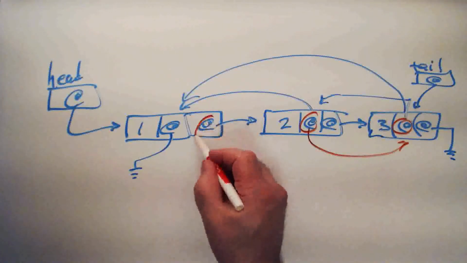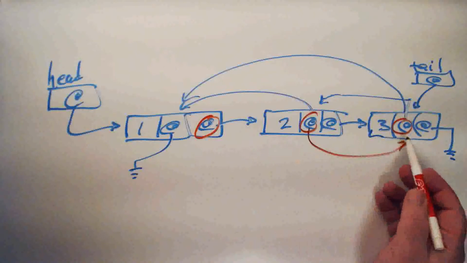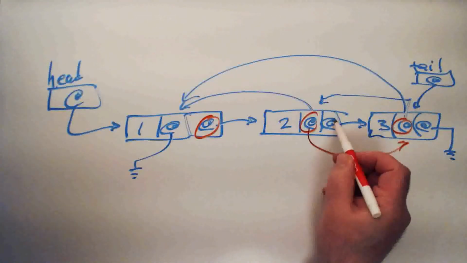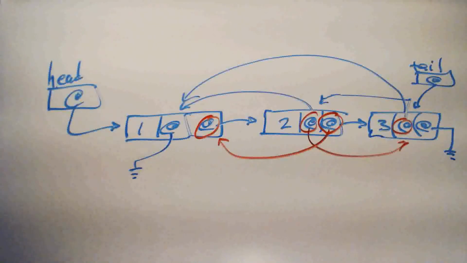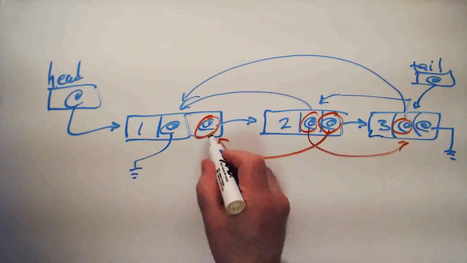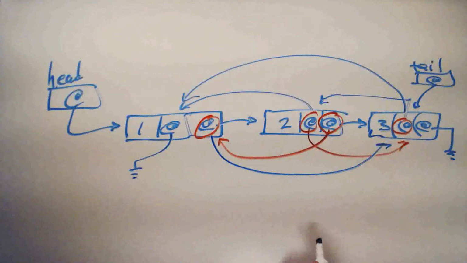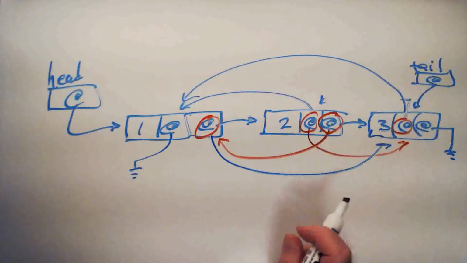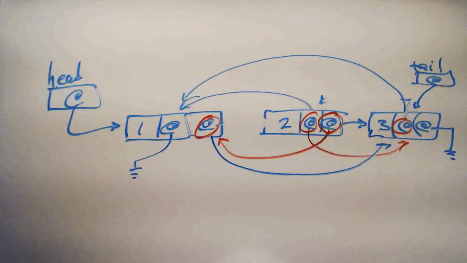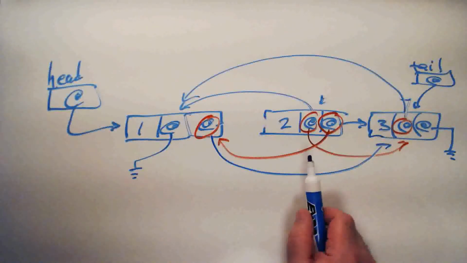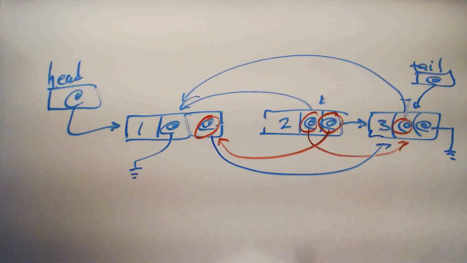I need to replace this pointer here. I've got to make it point around to 3, right? So in that case, I can take this one here and copy it over into node 1, which would then point over to number 3. Okay, thus this link goes away, and this link would go away. At this point in time, no one's pointing to 2 anymore, and you could just delete it.